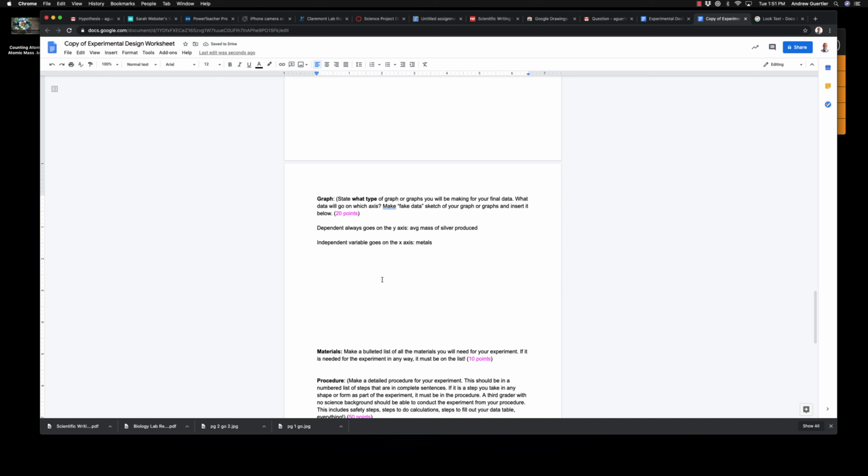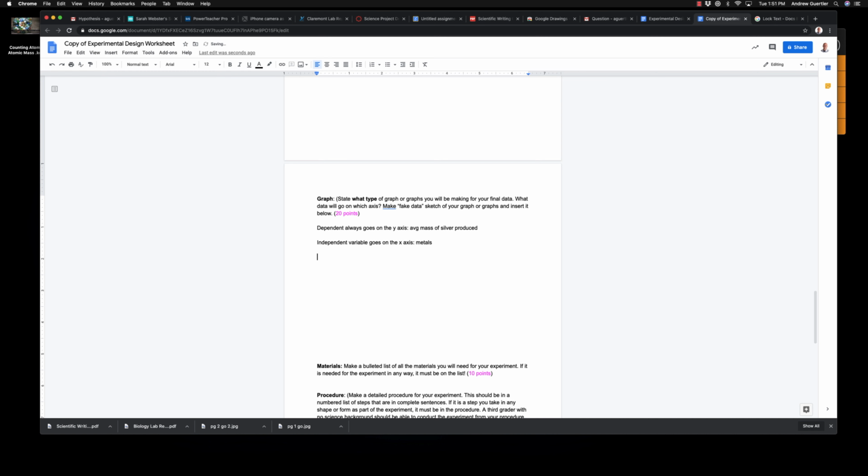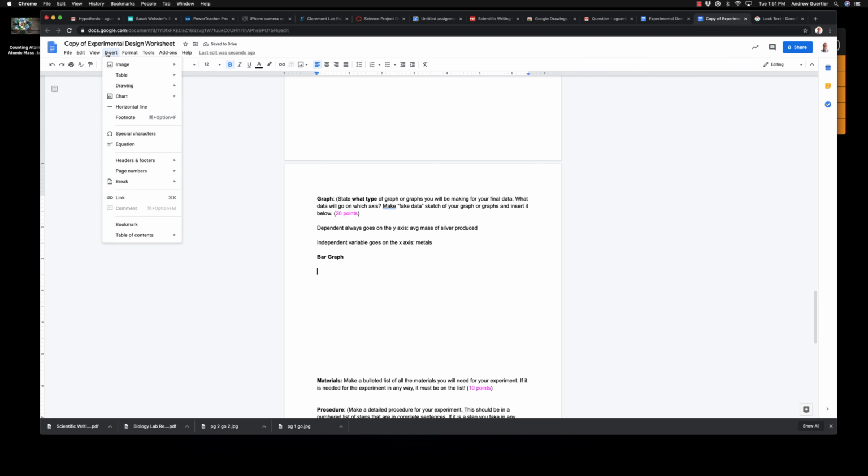Then here I'm going to want you to put a picture, a sketch of what that would look like. I also want you to pick the type of graph that's best suited. For me, a bar graph is going to be the best. So let's see, insert chart bar.